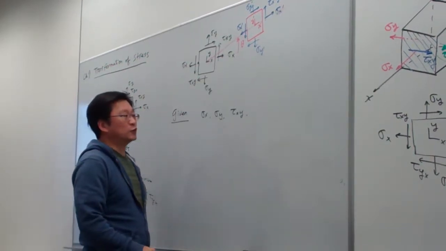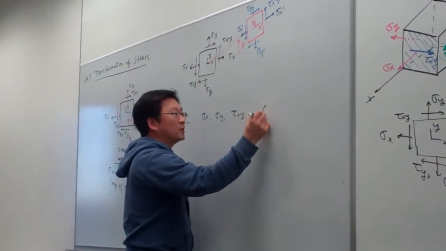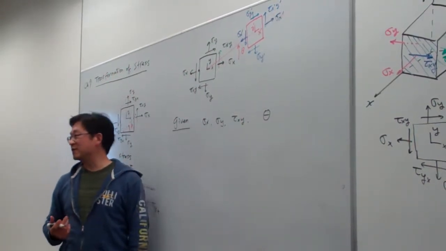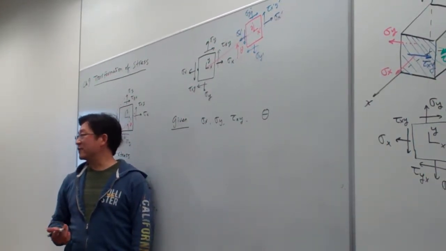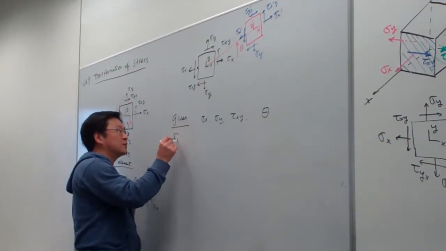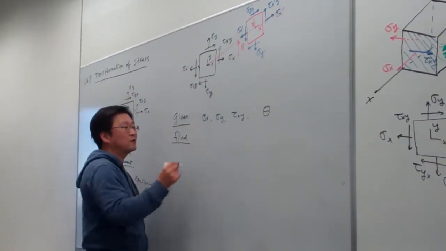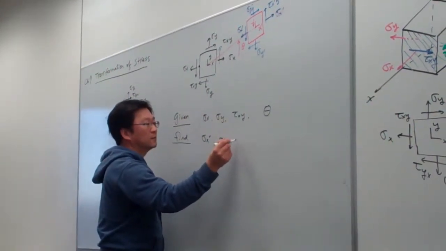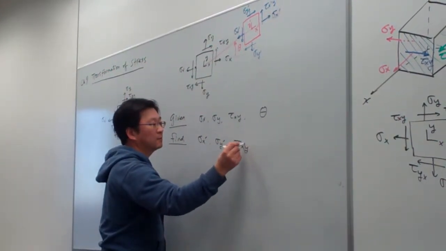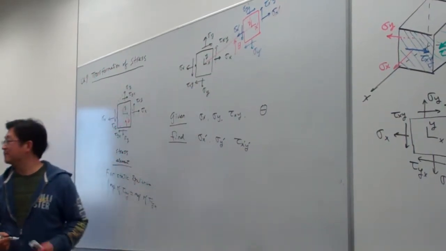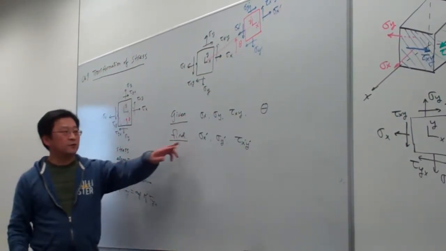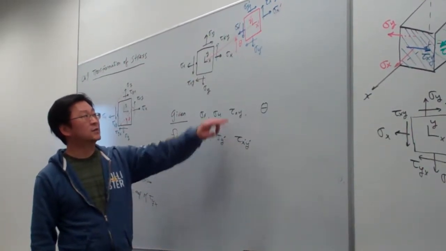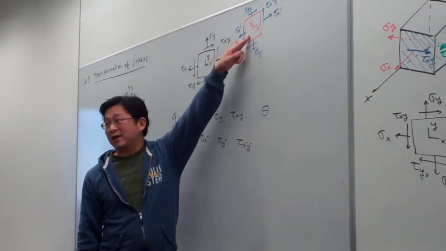And then we want to know, for any orientation that I designate, for example, theta equal to 30 degrees or 45 degrees, your job in this chapter is to calculate the value of this. So the three quantities represent the distribution of the stress in the new oriented element.